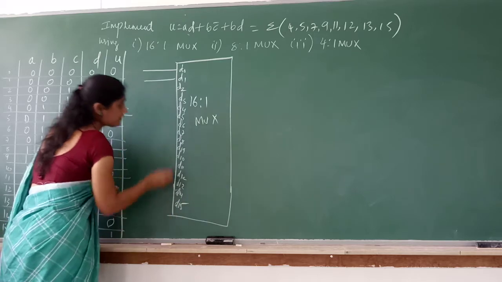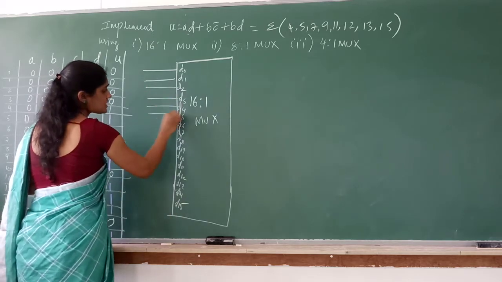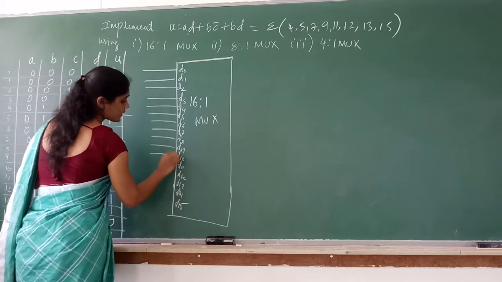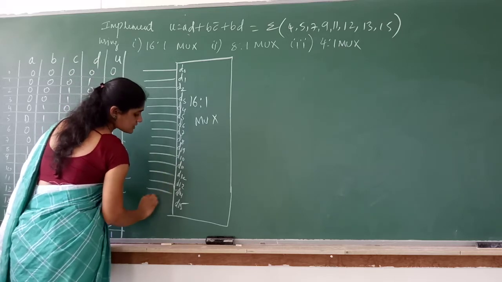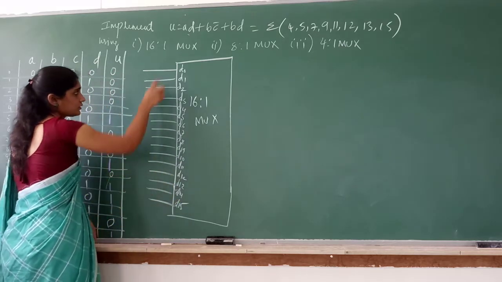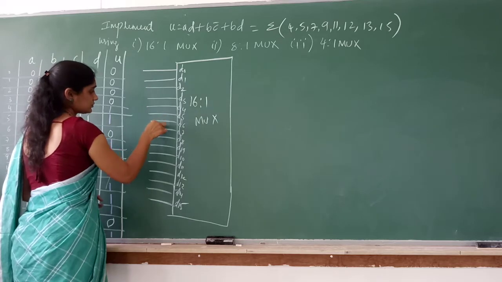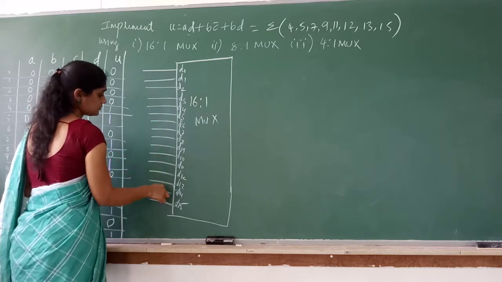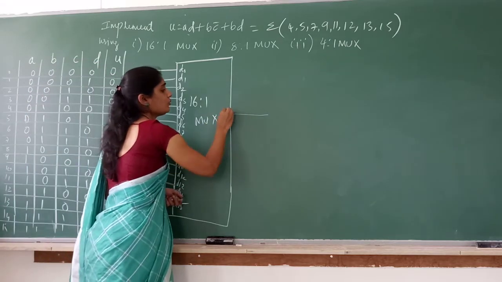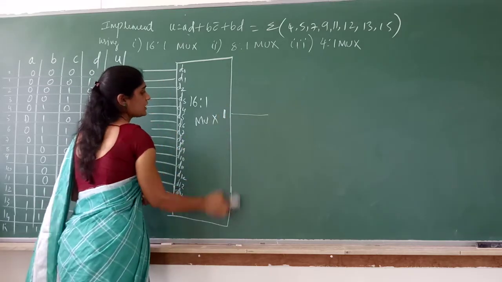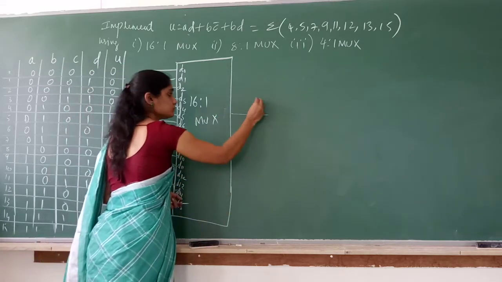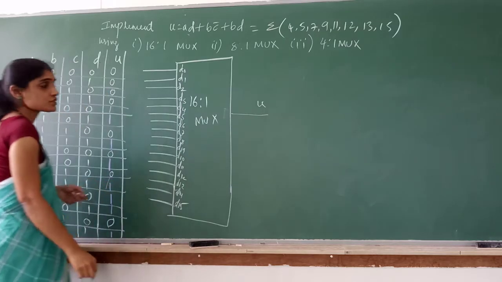So D0 to D15, totally we have 16 input lines for 16:1 multiplexer. How many outputs? Only one output variable, correct? You can call it U here because the given function is U.